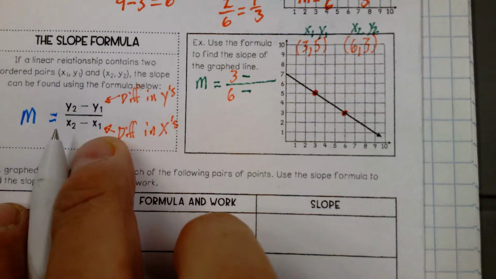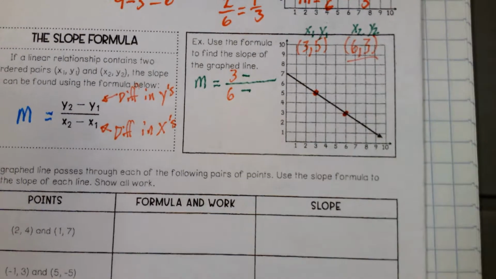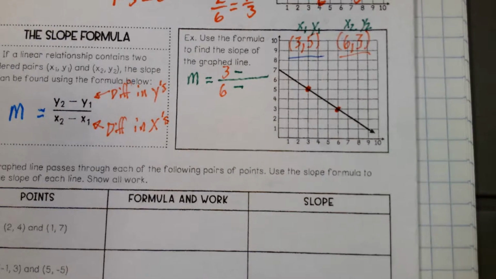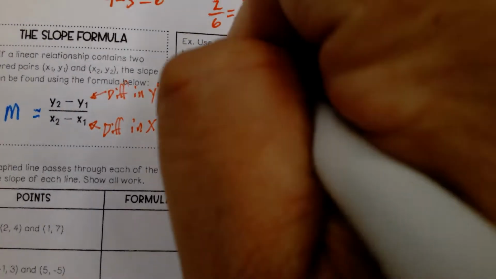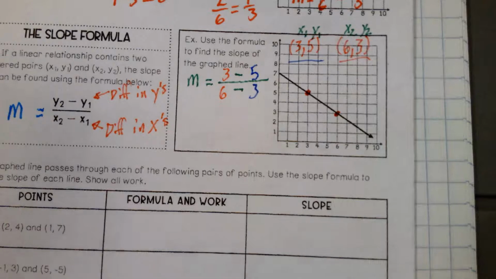Okay? Let's do the same thing with 3 and 5. Rotate it, 5 over 3. Okay? Now let's do the subtraction and get an answer.